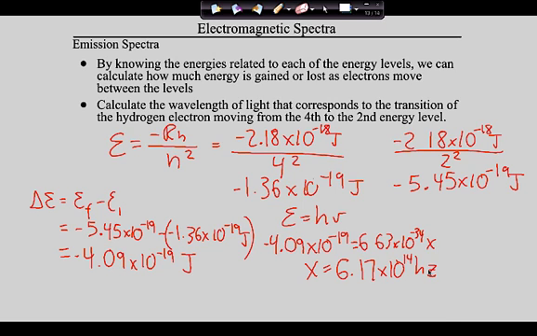And then, guys, of course, the final calculation, and I'm hurting for space, but I'll put it on this page. C is equal to lambda nu, or 3 times 10 to the 8th is equal to x times 6.17 times 10 to the 14th. So we have 3 times 10 to the 8th divided by 6.17 times 10 to the 14th.